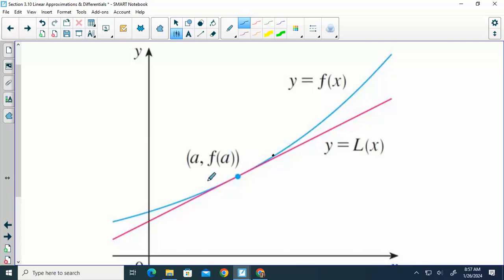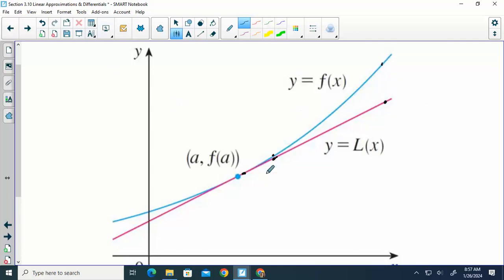If we could find the equation of this tangent line, then you could look at the point on the tangent line. Now, is it the exact same? No. Is it a good approximation for the point on the curve? Yes, to a point. Right back here, it's an extremely good approximation. Over here, probably not so much.